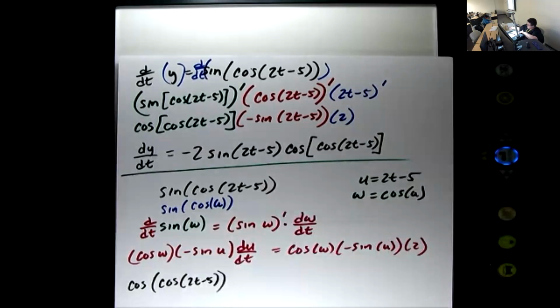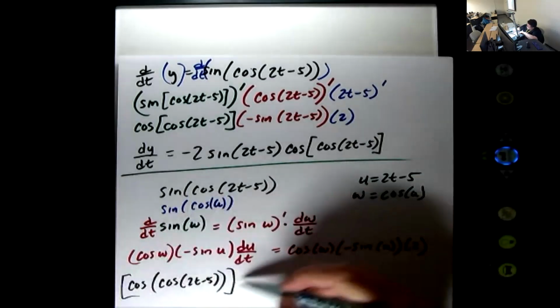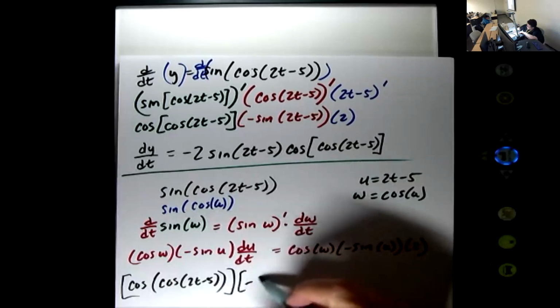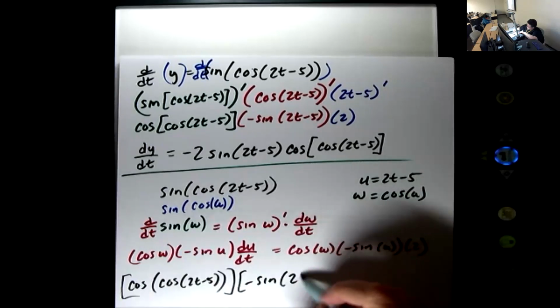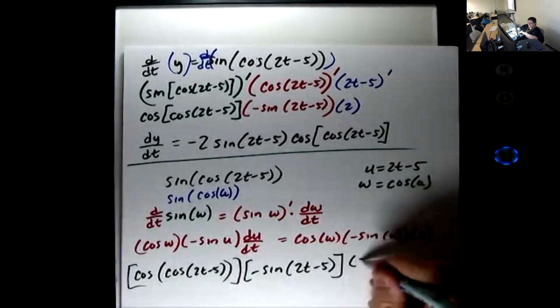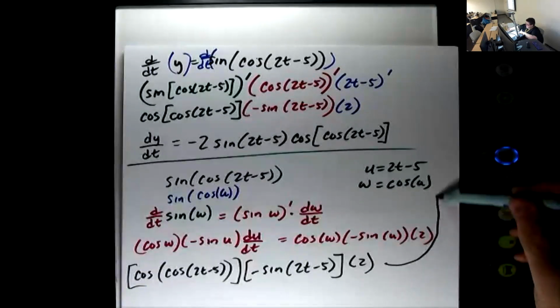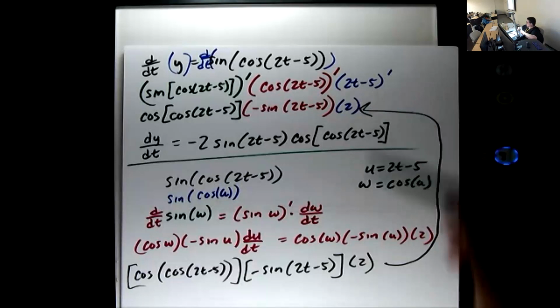The negative sine u is negative sine of 2t minus 5, and the 2 is easy to see. Now you multiply it out, or rearrange it to clean up how it looks.